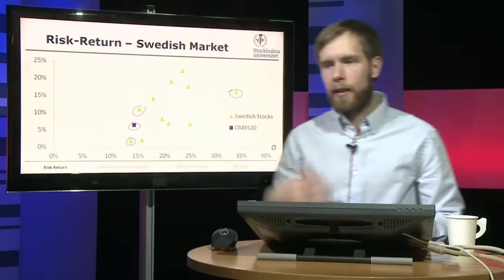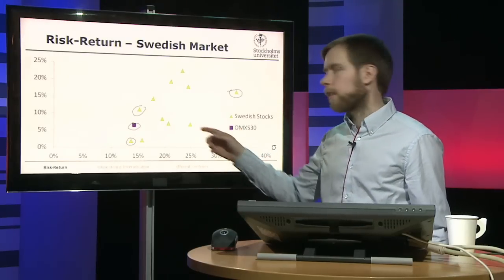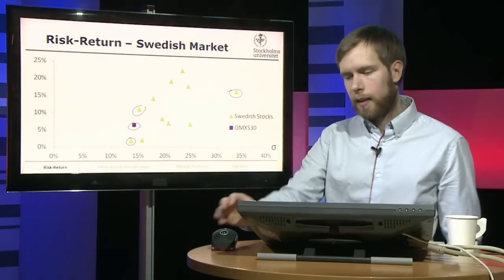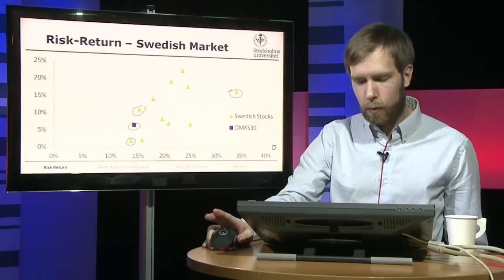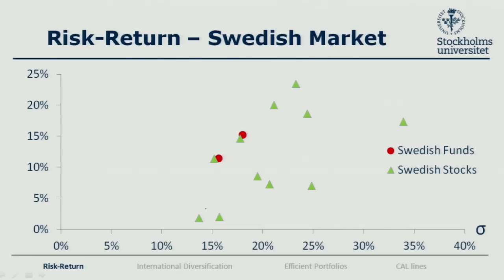So when we see how the market in general has gone, we should believe that if we have Swedish funds, or funds investing in Swedish stocks, they should be somewhere around here. And that's in fact what we're going to observe as well. So these red dots here, they are Swedish funds. They appear to be very close to these 2 stocks, but they are actually consisting of quite a few stocks. As you can see, they are higher.